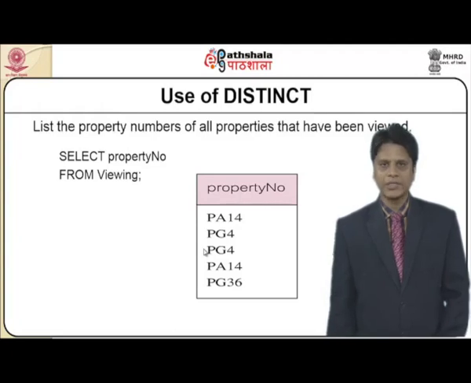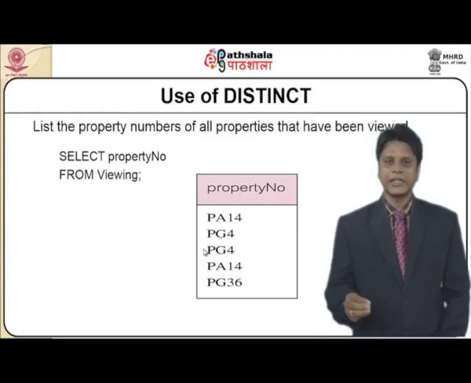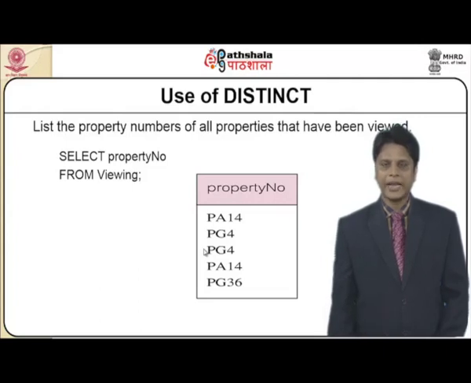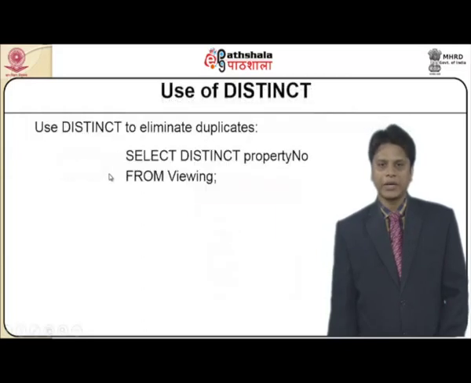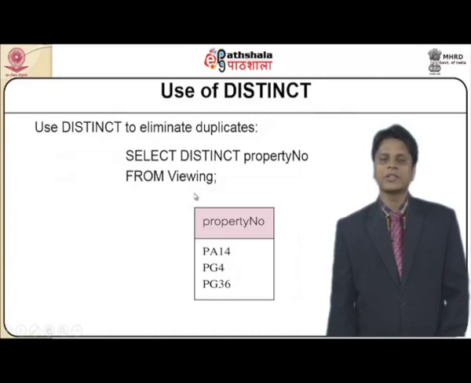To reduce this, we include another keyword, DISTINCT, which we insert between SELECT and the property number: SELECT DISTINCT propertyNo FROM Viewing, which removes the previous redundancies.